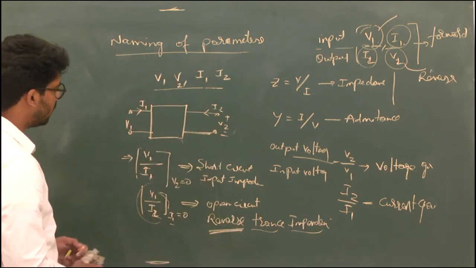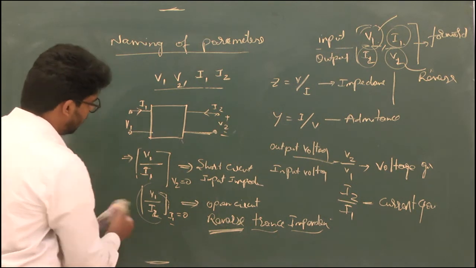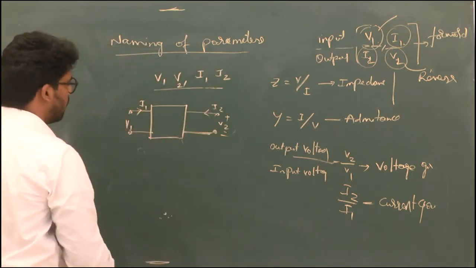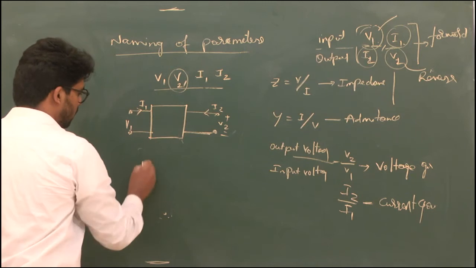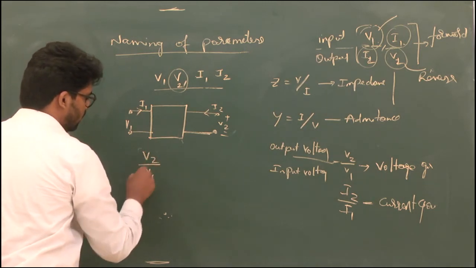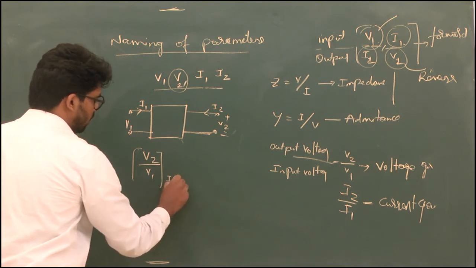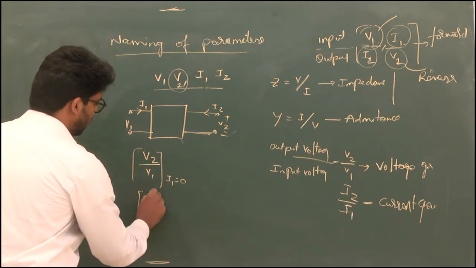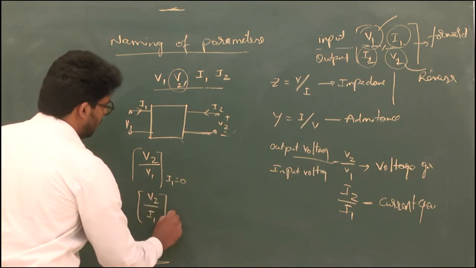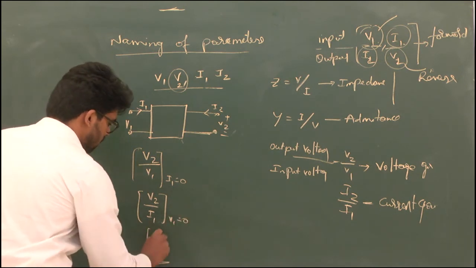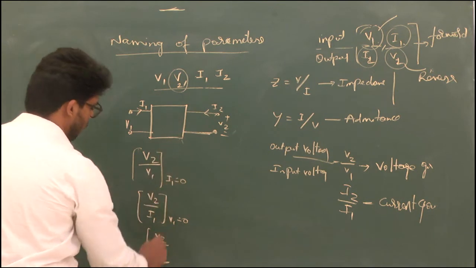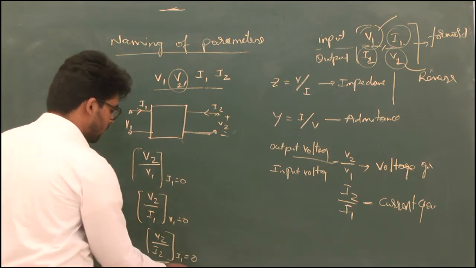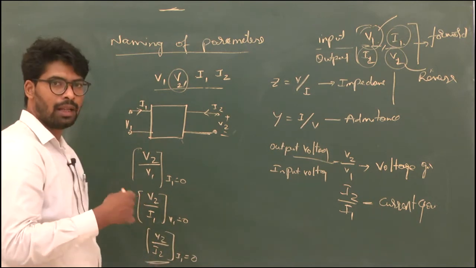For example, naming another thing, consider I1 equal to 0. V2 by V1 when I1 equal to 0, and similarly V2 by I1 when V1 equal to 0, and V2 by I2 when I1 equal to 0. I am taking random cases, not specific ones, which will occur in later sections.